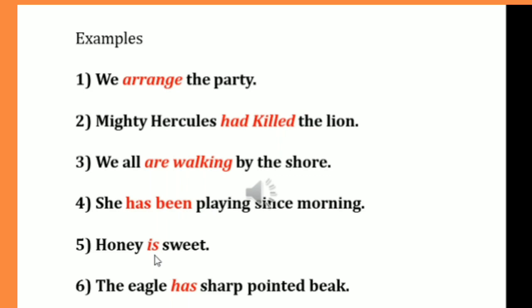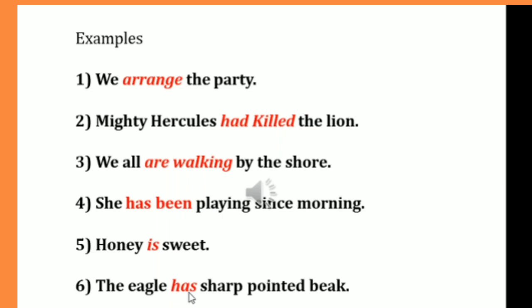Now here, is. In this statement, is is not the auxiliary verb but functions as the main verb, because this word alone is enough to complete its meaning. There is no need for other verbs like walking, killing, arrange, playing to complete the meaning. Same about sentence number 6: the eagle has. Here has alone is enough to complete the meaning. So in number 5 and 6, is and has are not auxiliary verbs, but they function as the main verb or the actual verb.